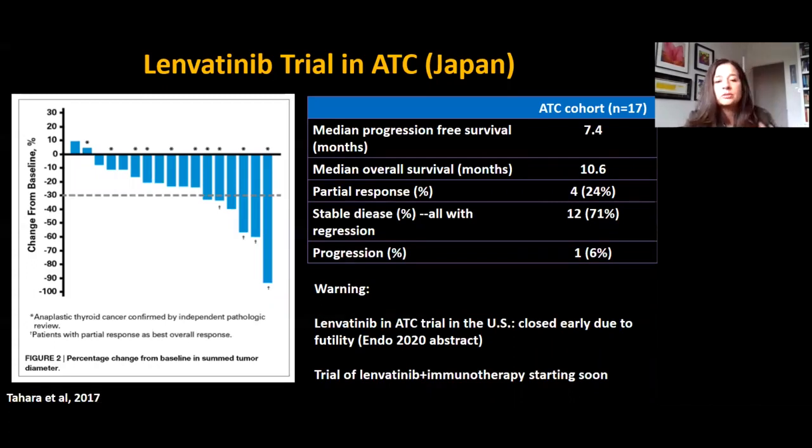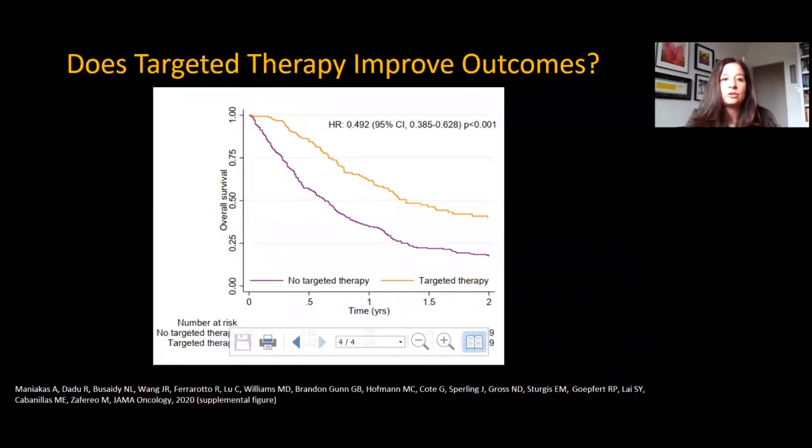I think we actually had one response, and because of that, the study had to close early. And so we don't think that single agent lenvatinib is a good idea in anaplastic thyroid cancer. We're now doing a trial with lenvatinib plus immunotherapy. I just got word yesterday that the funding has come through. So we'll get started with that hopefully in the coming months at MD Anderson.